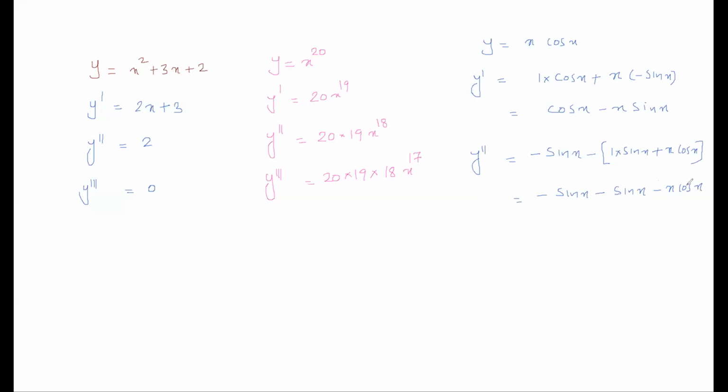So if you take minus common, minus, this is 2 sin x, minus sin x minus sin x is minus 2 sin x, this was already minus outside, plus x cos x.